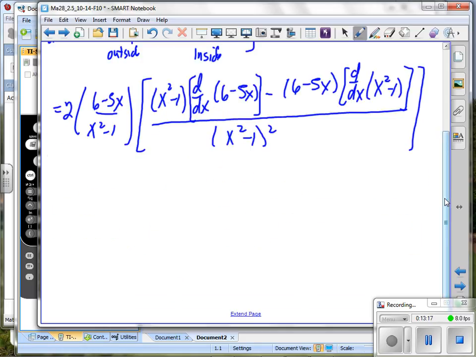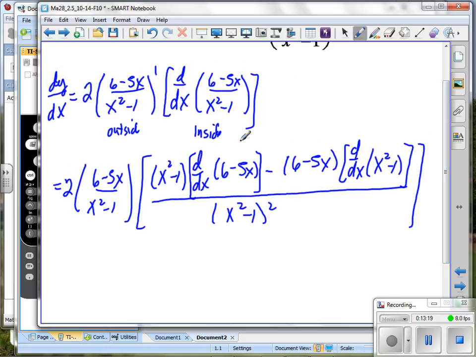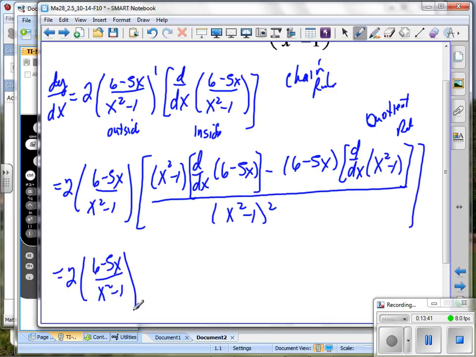Okay, so in our work, we have 2 lines of showing the derivatives. One is showing the derivatives for the chain rule, and then this one is showing the derivatives for the quotient rule. Keep my eye on that clock down there. Okay, so we've got 2 times the quantity 6 minus 5x divided by x squared minus 1, times x squared minus 1.